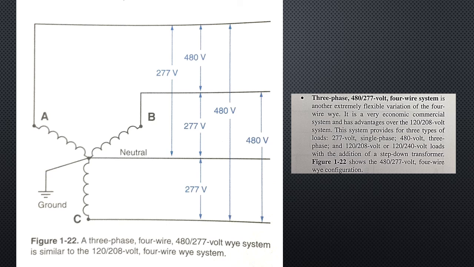This system provides for 3 types of loads: 277 volt single phase, 480 volt 3-phase, and the 120/208 volt or 120/240 volt loads, with the addition of a step-down transformer. Figure 1-22 shows the 480/277 volt 4-wire Y configuration.